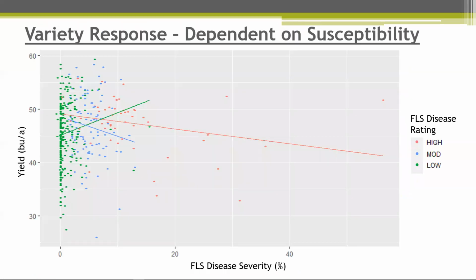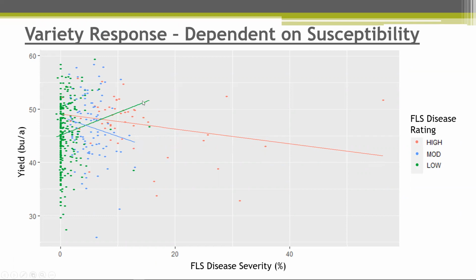When you dive into the data more specifically by year and by location, and plot it out as in the scatter plot and put some lines to it, you see that for our highly susceptible varieties, as the disease increases, our yield potential reduces. There is a similar trend with our moderately susceptible varieties: lower yield as disease severity increases.